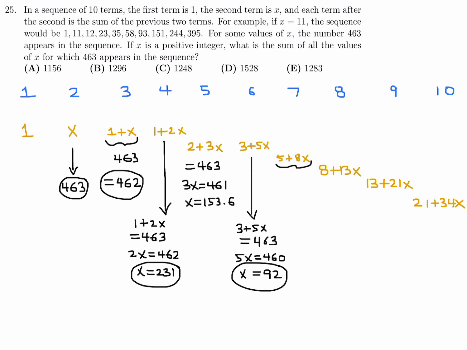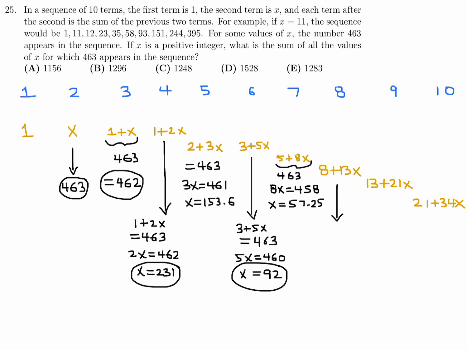This now is going to be equal to 463. And if you do the math, you get 8x is equal to 458. And therefore, x would be equal to approximately 57.25. So we don't include that because that's not an integer.